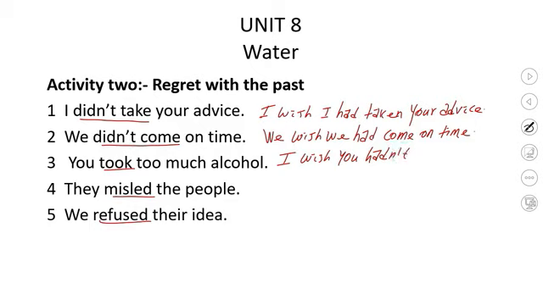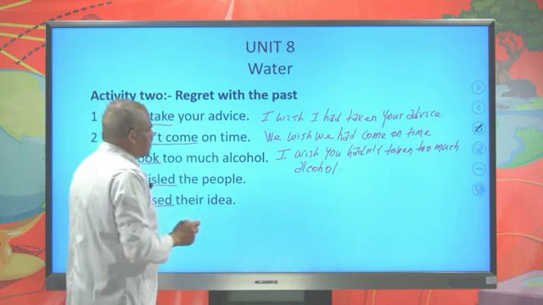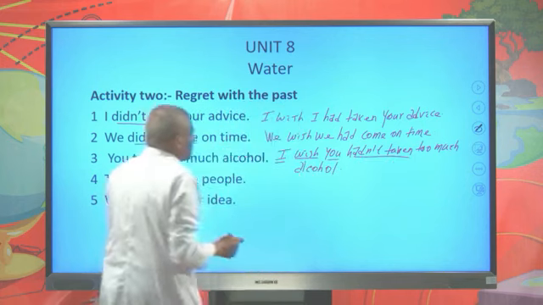I wish you hadn't taken too much alcohol. That's it. Have you done like this? I wish you hadn't taken too much alcohol. Look at this. Here it is. Past perfect tense, that's very important.